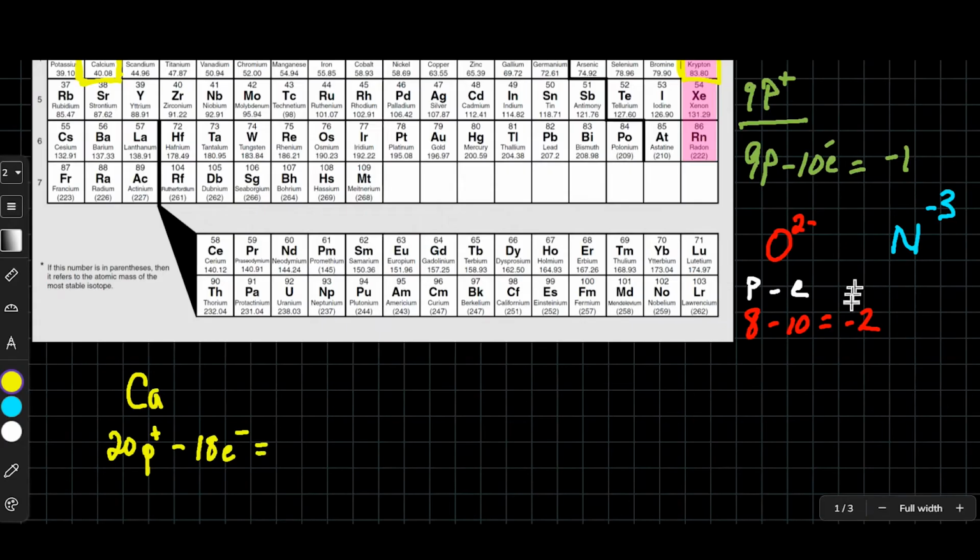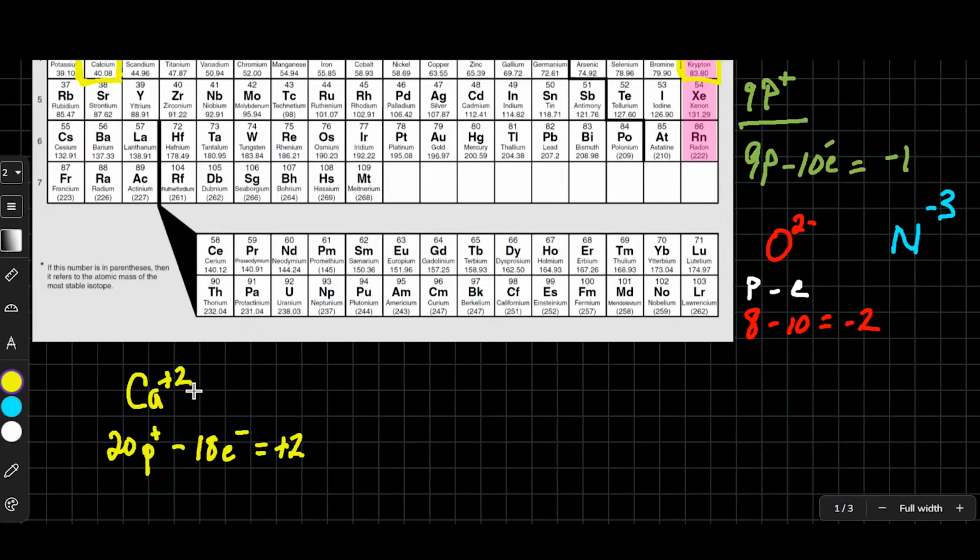That's going to be, instead of being a negative, this is going to be a positive 2. Right? Okay. So calcium is a plus 2. Yeah? Because it lost 2 electrons to look like argon.